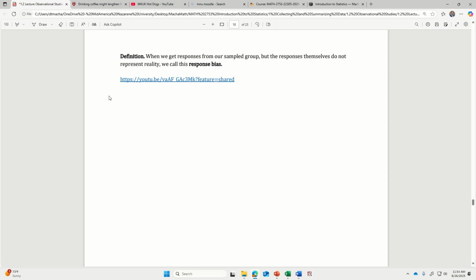Especially if you ask something that's remotely embarrassing or tied to your pride. There have been studies that show when a doctor asks a patient for their weight and then immediately puts them on the scale and weighs them right after that, their guess at how much they weigh is always lower, right? People like to think of themselves as being a little bit more slim than they really are.